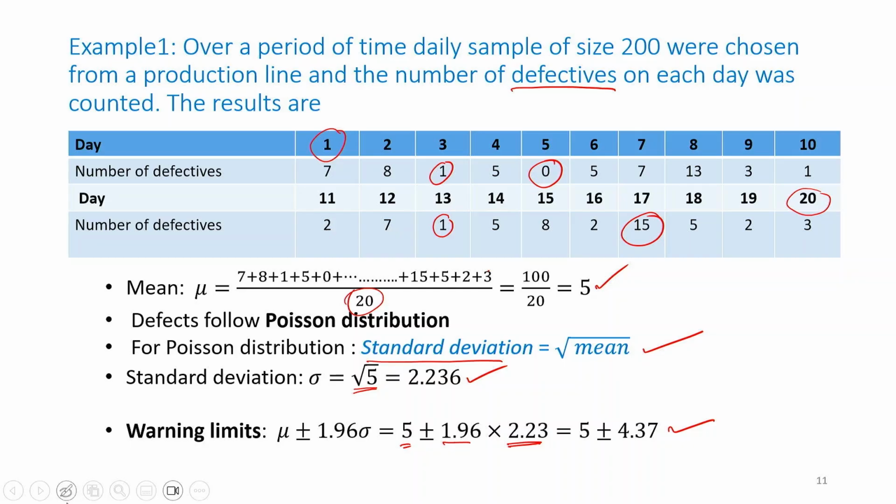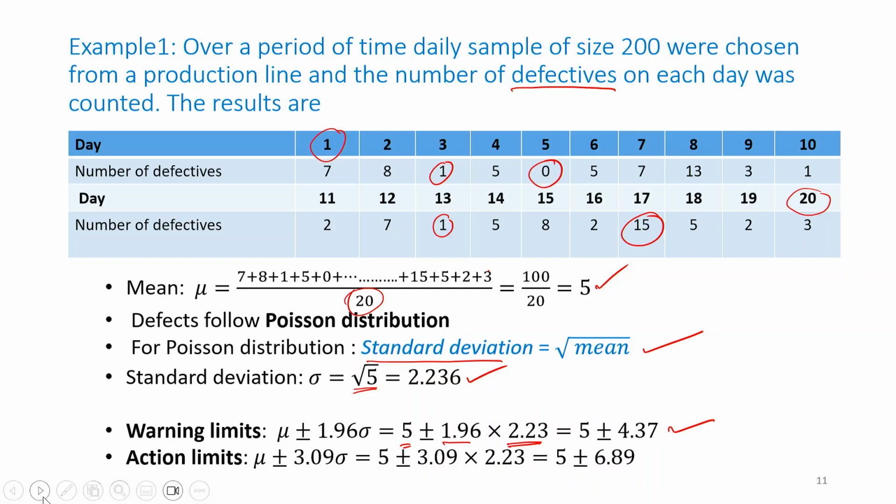And if we go to the action limits, it will be 3 times sigma. So 5 plus minus 3 times 2.23, which is 5 plus minus 6.69. That means on the higher side it can go to 11.69, so close to 12. And on the lower side, 5 minus 6.69 is becoming negative.